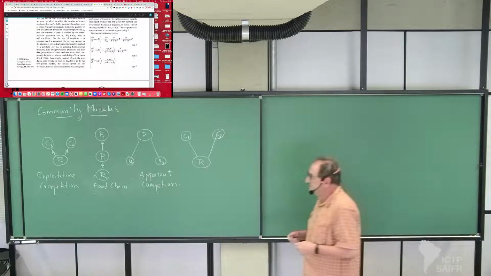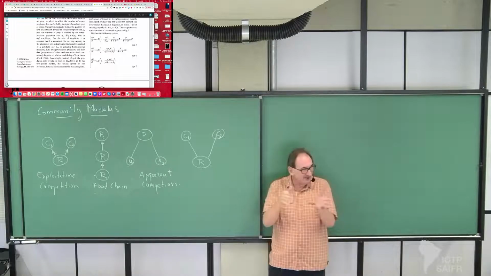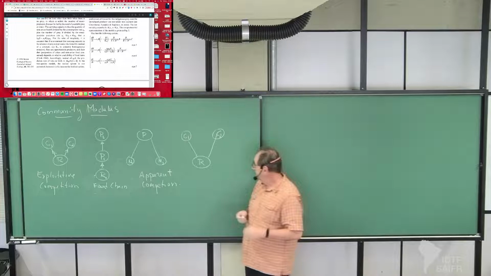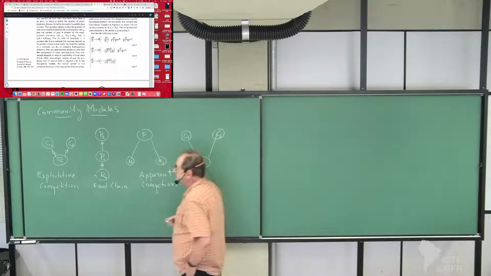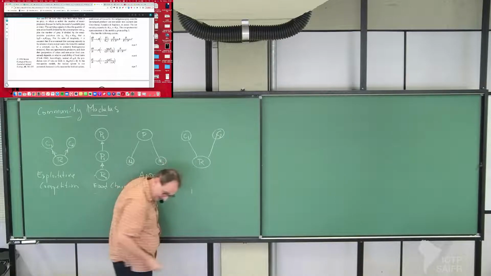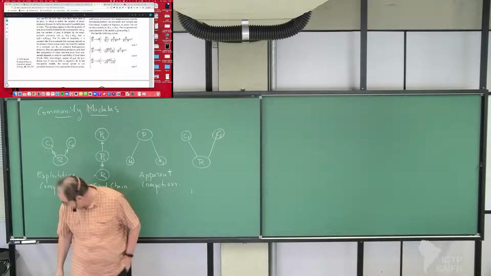The best consumer here will prevail, and the other one will be eliminated. That's what we discussed yesterday when we have one resource and two consumers. We even wrote down a rule, the R* rule.